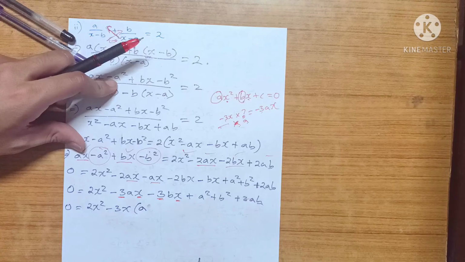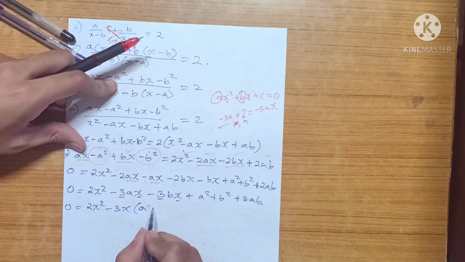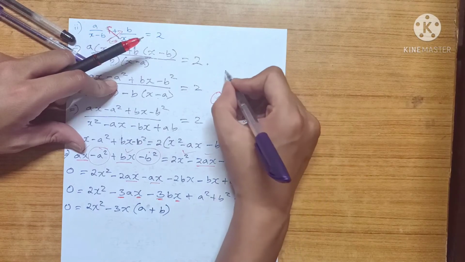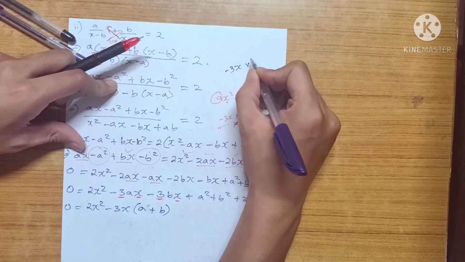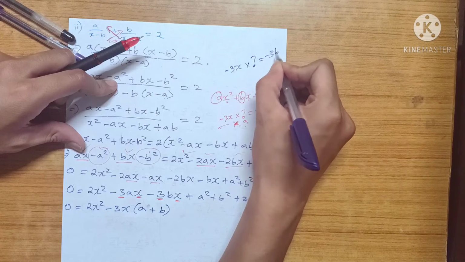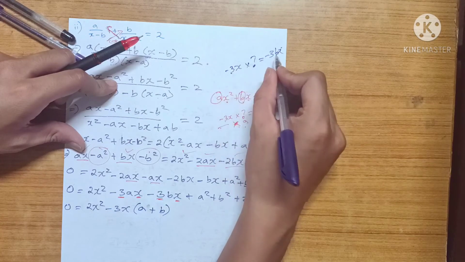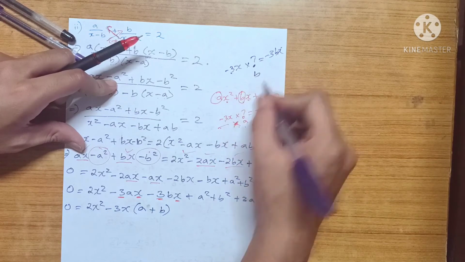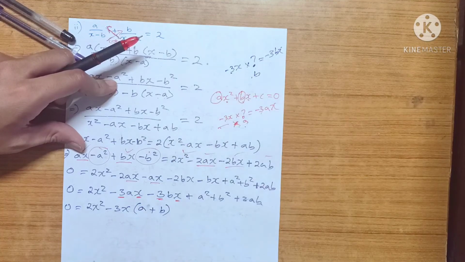So here a will be left. Same thing if you do it again, here b will be left. Only b, not minus also, but b. Minus 3x into what is minus 3bx. See, minus is here, 3 is here, x is here, only b is missing, so into b. So b I wrote, in front of b there's nothing, so addition.